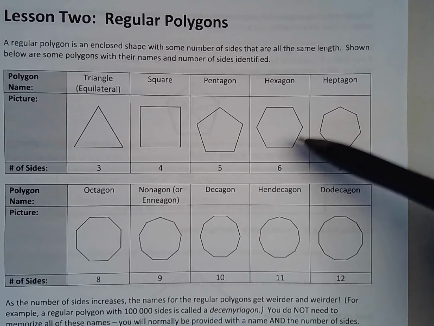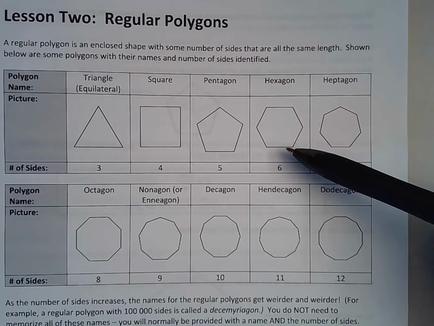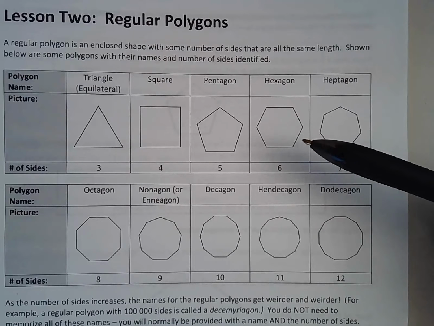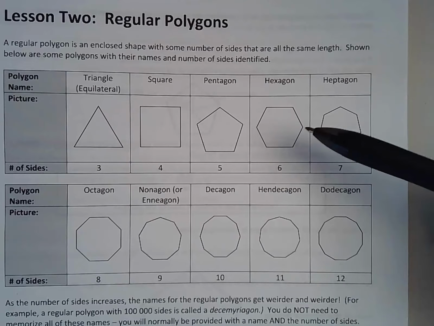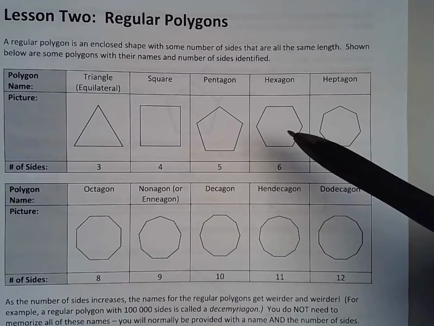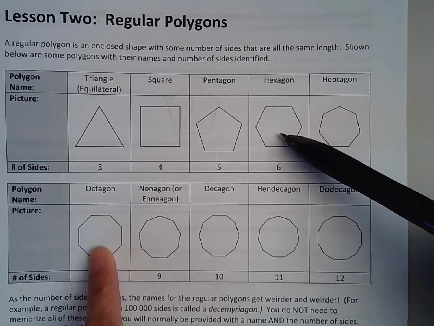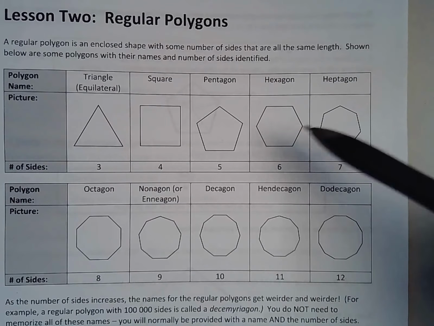Where could you see a hexagon? A stop sign? Oh, very close, very close. That would be the octagon. Almost the same, just two more sides.